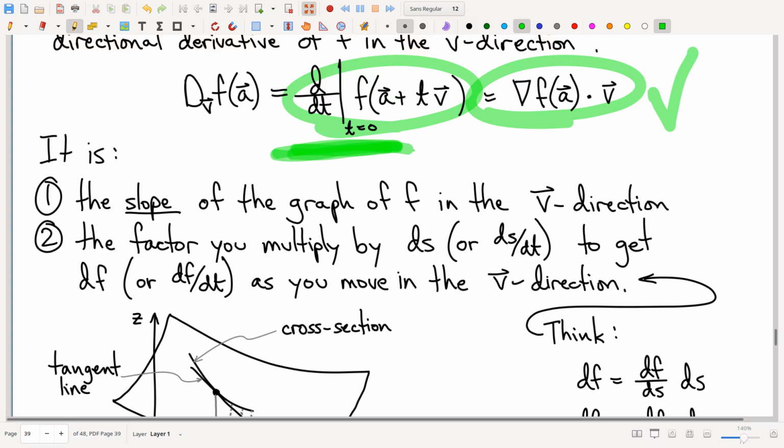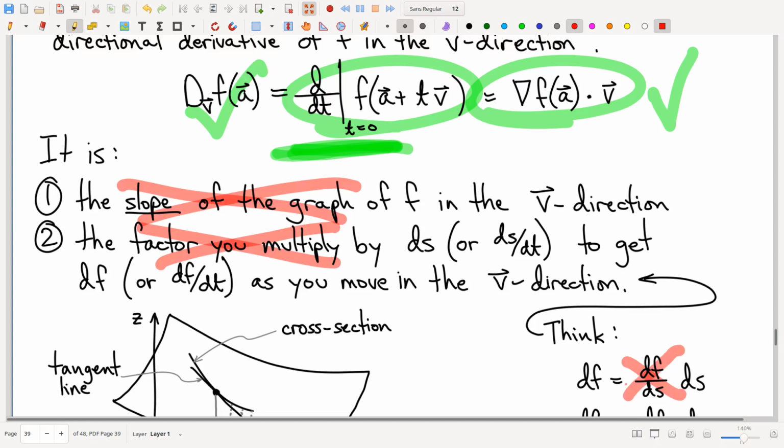Very convenient to have a term to describe it, and so they use the same notation, unfortunately. Now the cost is when you abandon the idea of it being a unit vector, you can no longer interpret this thing as a slope of a graph, or as a multiplicative factor, or as a DF/DS. That you lose. But it's still the case that this easy formula computes this important quantity. So it's still an important idea.